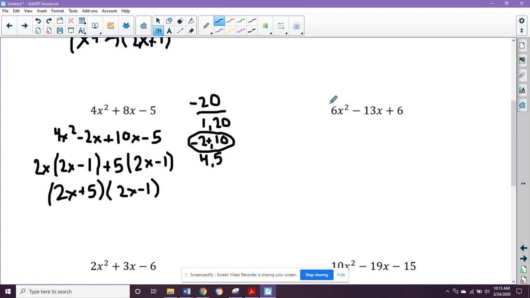Next one. Multiply your first and your last term. So 6 times 6. And that is our lovely 36. Factors of 36. 1 and 36. 2 and 18. 3 and 12. 4 and 9.